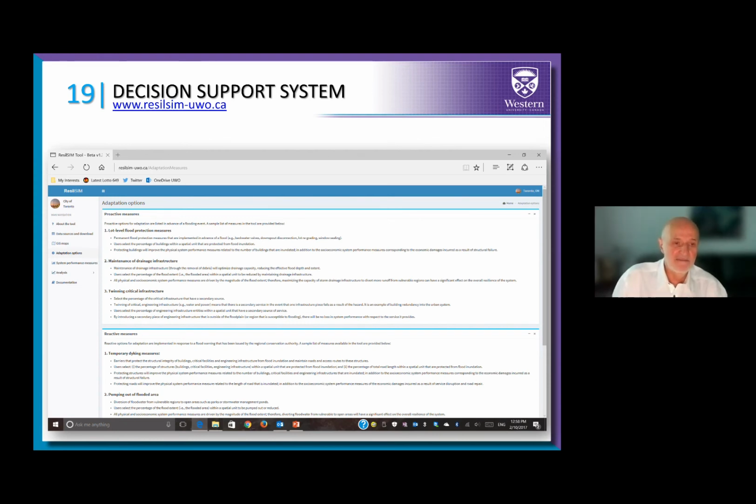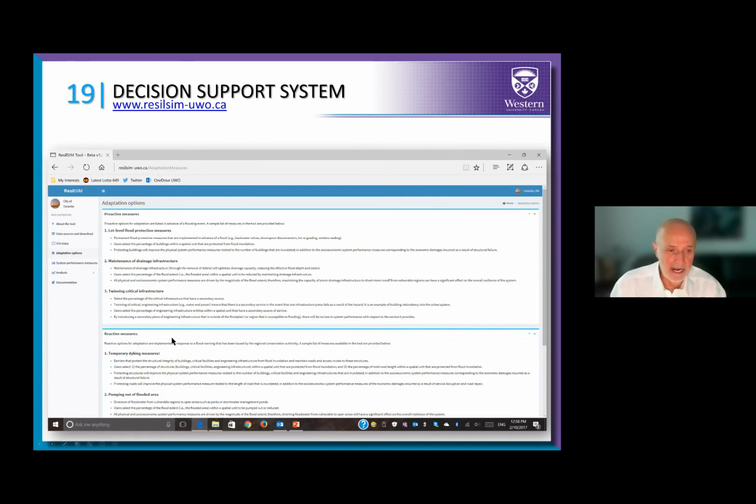Examples of the proactive measures you can see on the screen are lot level protection measures that are very local around the homes and houses, drainage infrastructure maintenance, like cleaning the infrastructure, allowing water to move faster, adding or twinning the critical infrastructure, and so on, including increasing the redundancy.